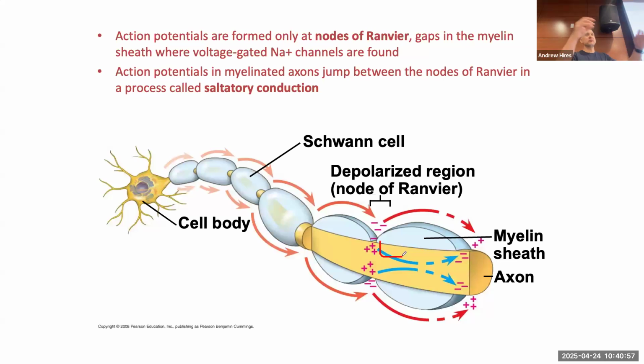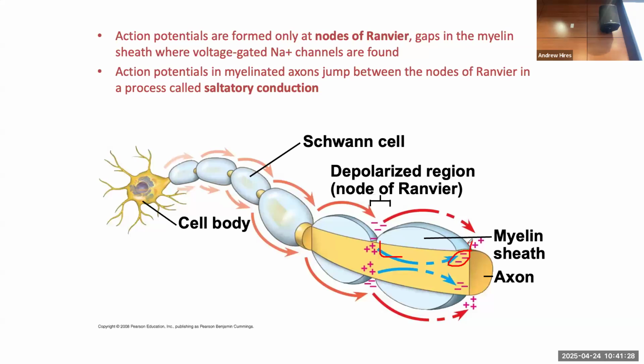There's diffusion, and there's also the fact that the electrical signal of those ions has a particular characteristic length that it can go. It can't go a millimeter. It can go, I don't know, 20 microns or so. It can easily travel there. So it creates an electrical current that falls off with distance, but it's just enough so that it can trigger the voltage-gated channels in that next node to open up.